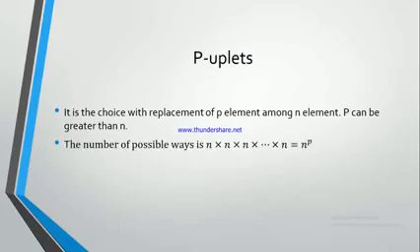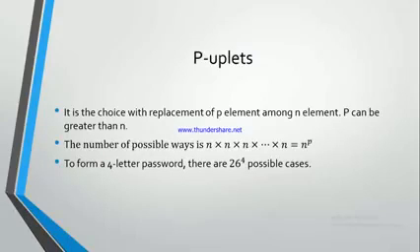And the number of possible ways is n times n times n, etc., times n, which is equal to n to the power p, because we are doing this p times. So, for example, to form a 4-letter password, there are 26 to the power 4 possible passwords, because the alphabet contains 26 letters.